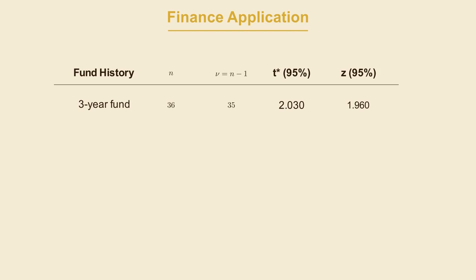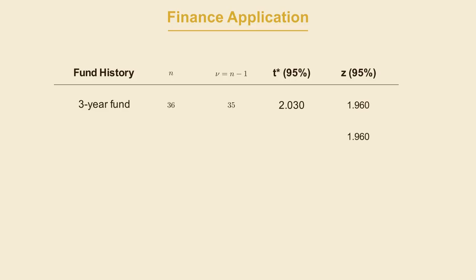The opposite is also true, however. If we end up getting more observations, we can become more confident about what the true nature of our distribution actually is. So for example, suppose a fund has 3 years of monthly return data, so 36 observations. Here our degrees of freedom are going to be one less than that, so 35. The t critical value at the 95th percentile with 35 degrees of freedom is 2.030.